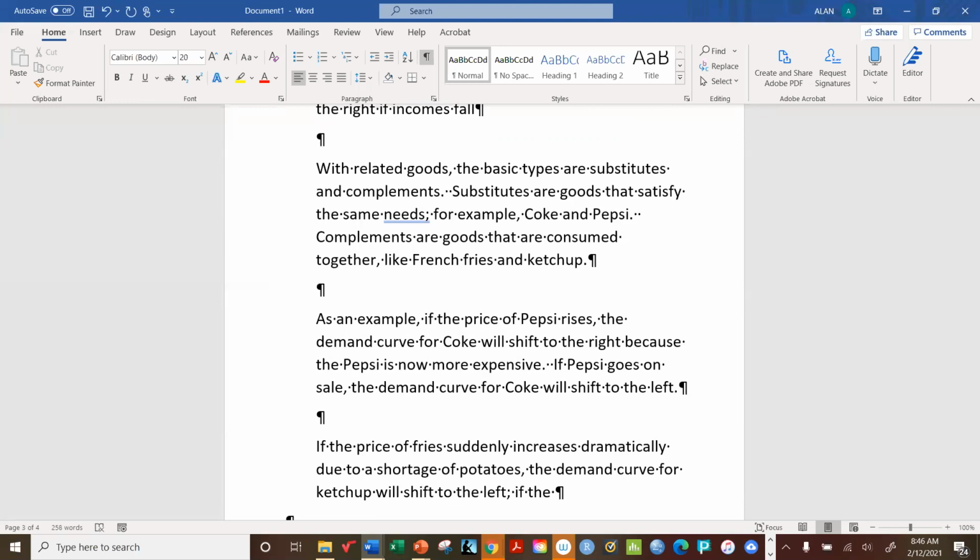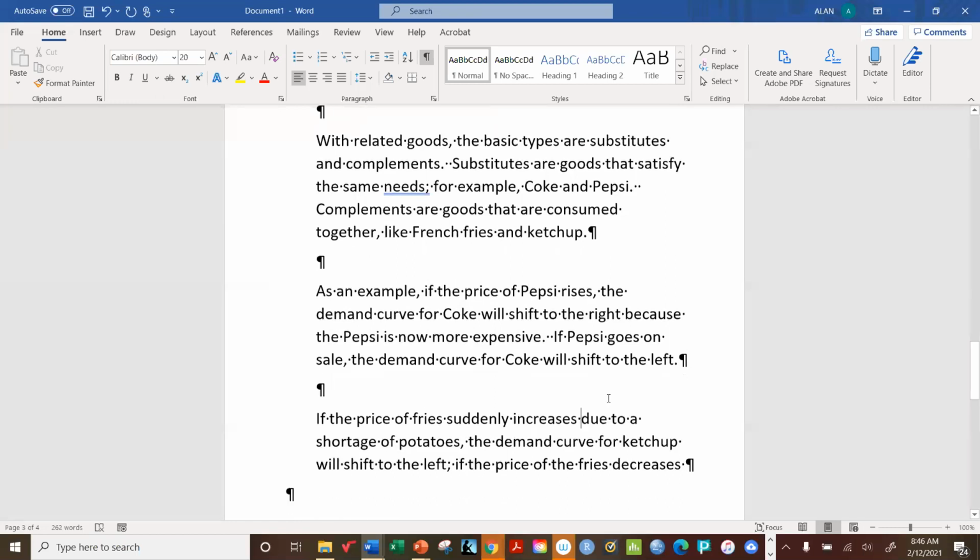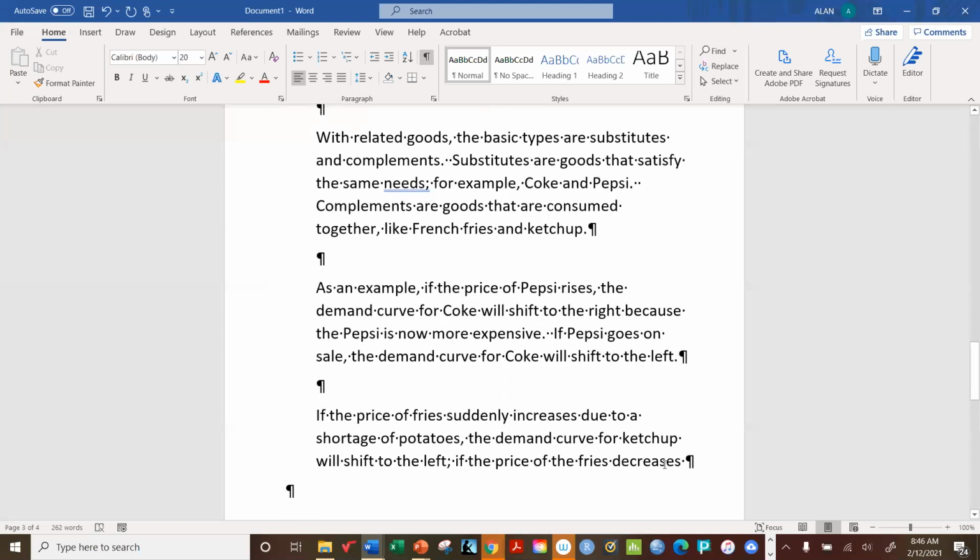If the price of the fries decreases, it has to be enough that people actually notice it. But let's say the price of the fries decreases due to a surplus of potatoes, the demand curve for ketchup will shift to the right.